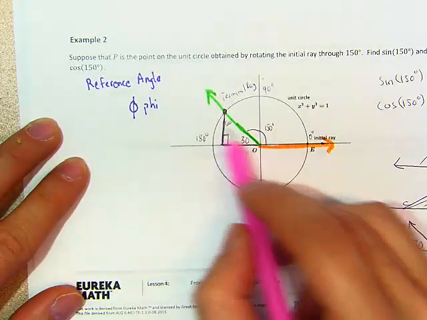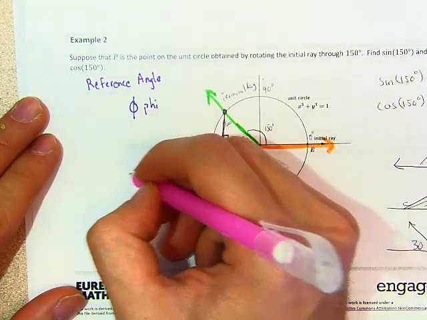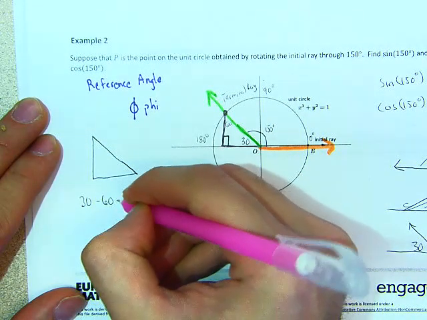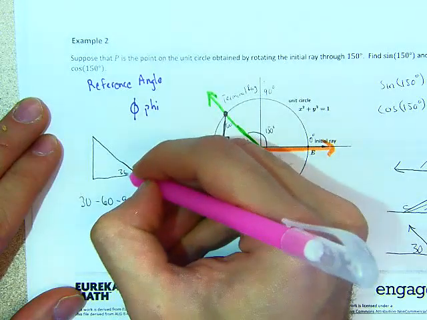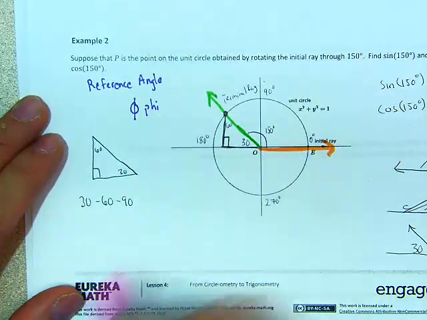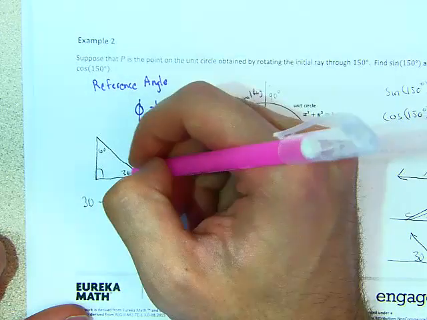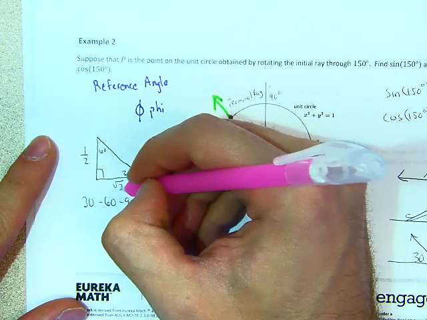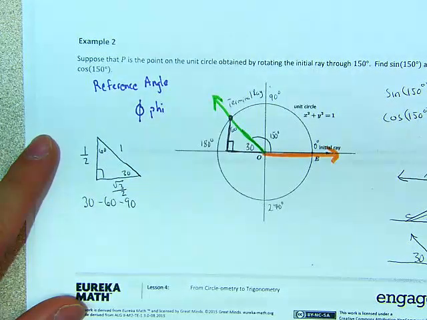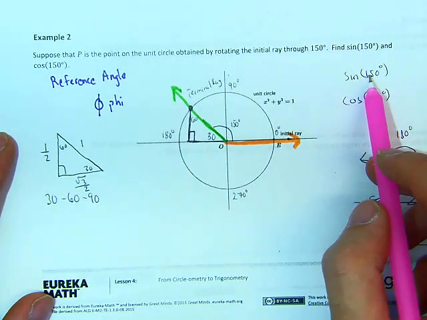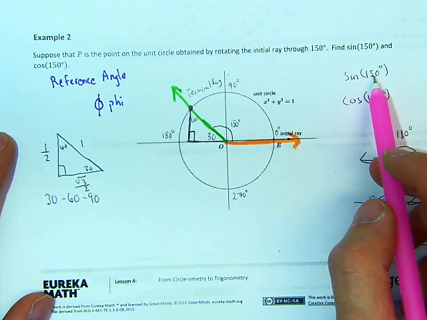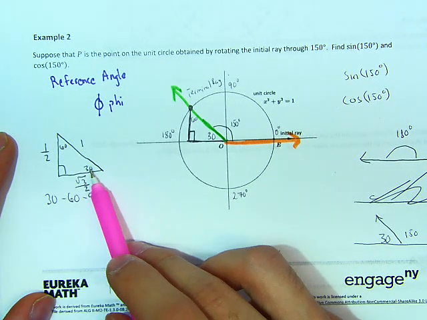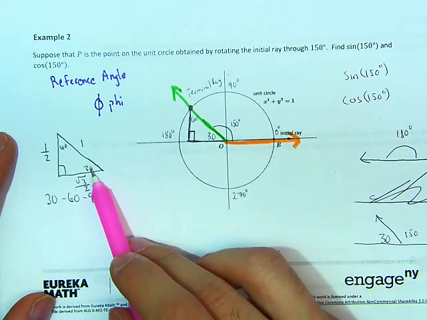We created the 30-60-90 triangle. On the picture, this side is a half, this is square root of 3 over 2, and this is 1. So if we find sine of 150, we're basically taking sine of 30.